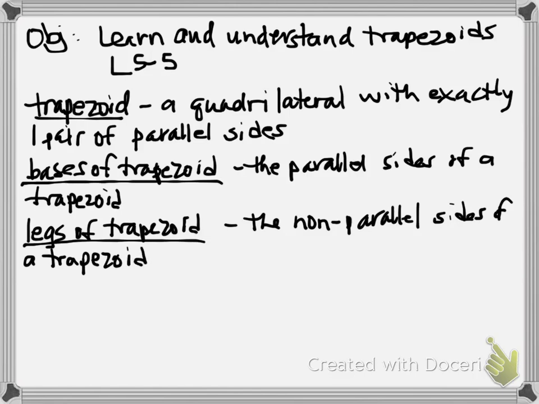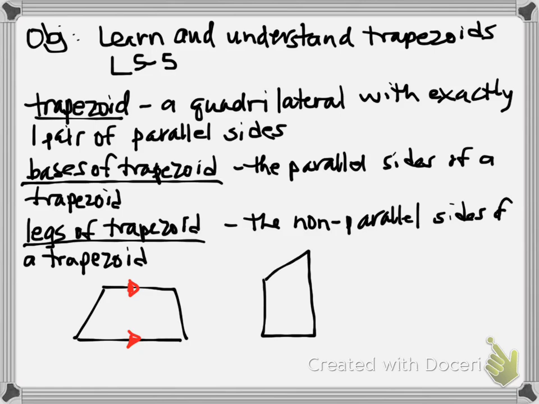And just to give you a picture, generally the two parallel sides are horizontal, though you will on occasion see a trapezoid drawn this way, where the parallel sides are the vertical ones.